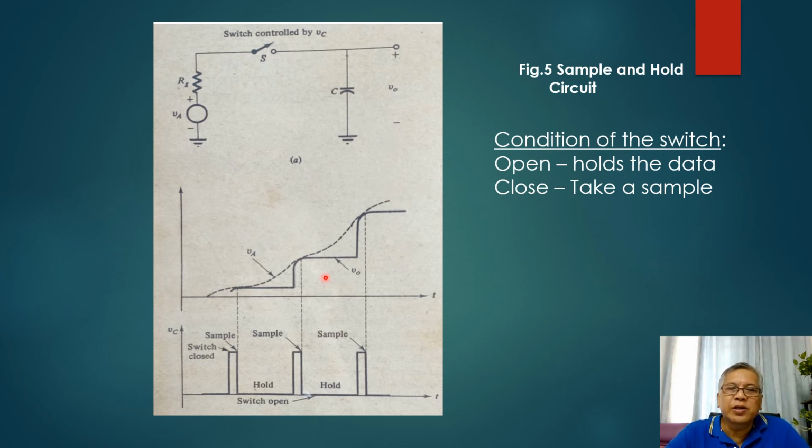Okay, so let's say we close the switch in this particular period of time here. When the switch is closed, for example in this particular area here, this value of your signal will be charged into your capacitor. No? So it is shown here in our diagram.